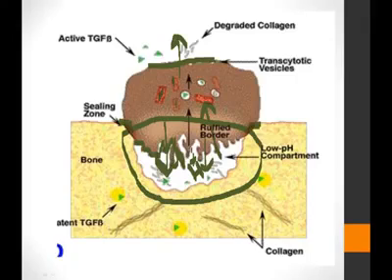The process by which the packed vesicles cross the cytoplasm to go to the opposite plasma membrane of the osteoclast is called transcytosis.